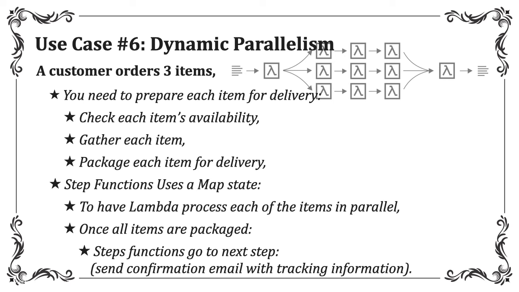By using a map state, step functions has Lambda process each of your customer's items in parallel. So once all of your customer's items are packaged for delivery, step functions go to the next step in your workflow, and that step would be to send your customer a confirmation email with tracking information.